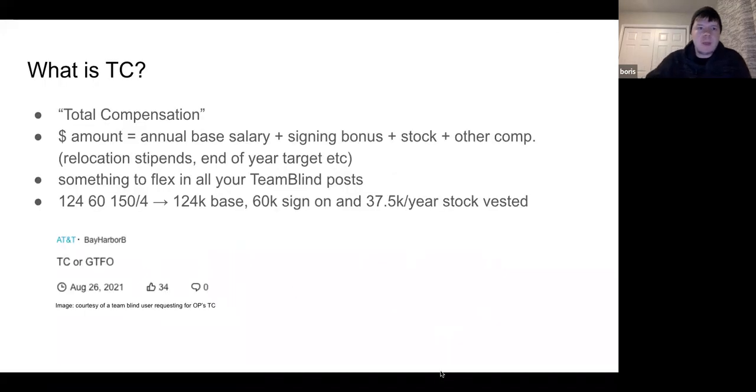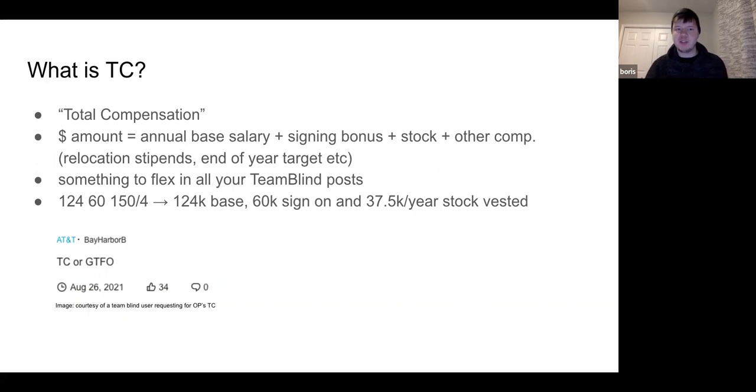Before we start, for all the first years, we have to understand what TC is. What is Hack the TC? TC stands for total compensation, and that's the dollar amount that is the sum of your annual base salary as a new grad.